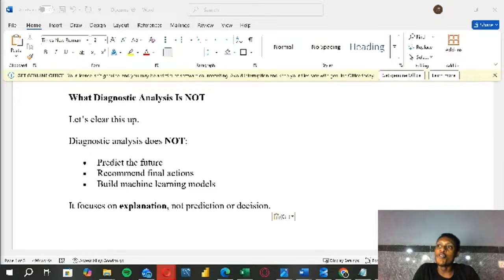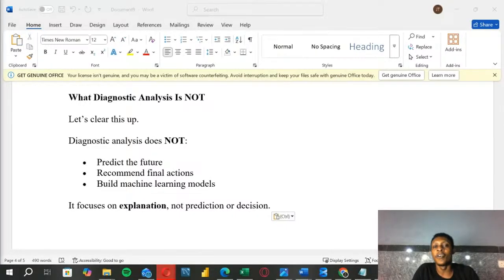Diagnostic analysis does not predict the future. Although that type of data analysis does that, diagnostic analysis does not. That is not its job. Its job is to know what happened and why it happened.